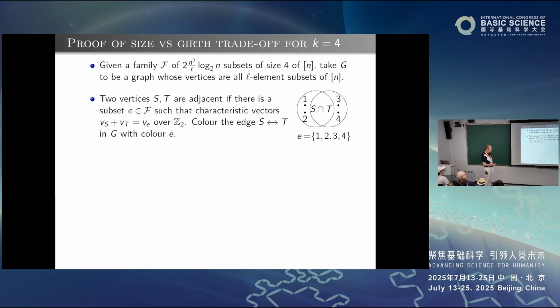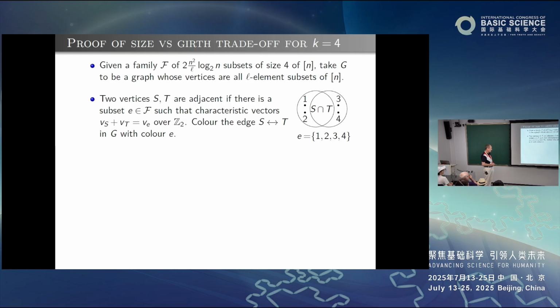In particular, you see they need to have an intersection of size L minus 2, and the symmetric difference should be my 4-tuple. The other way to think about it: if I add these vectors modulo 2, I get a characteristic vector of a 4-tuple from the family. This is precisely a Cayley sum graph, where these are the set of generators.